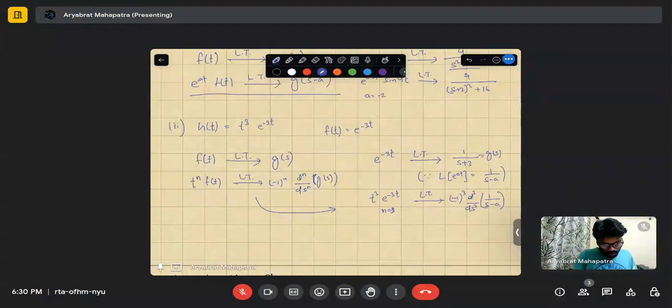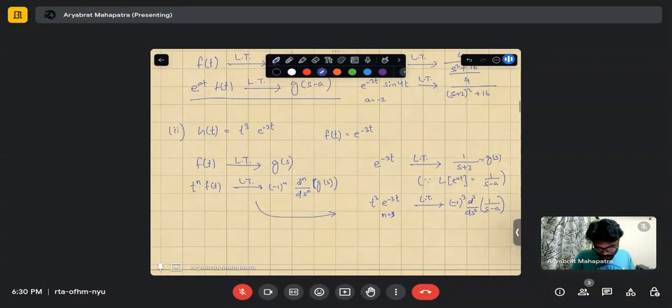So your Laplace transform of h of t, that is the Laplace transform of t cube e to the minus 3t, will give you minus 1 cubed, which is negative.